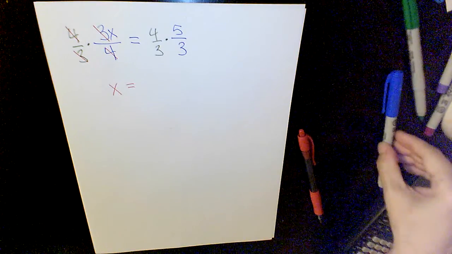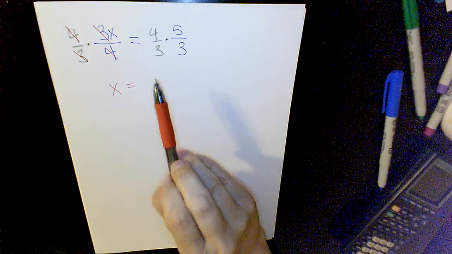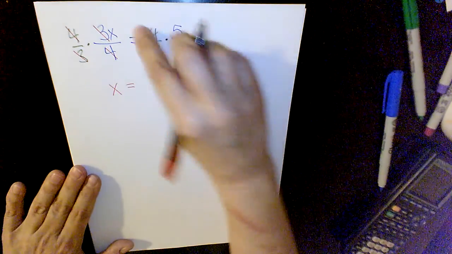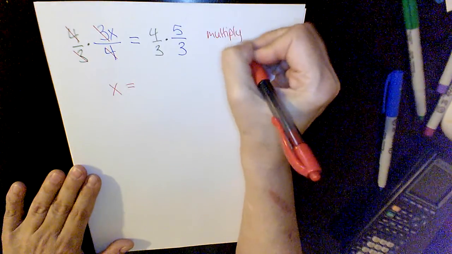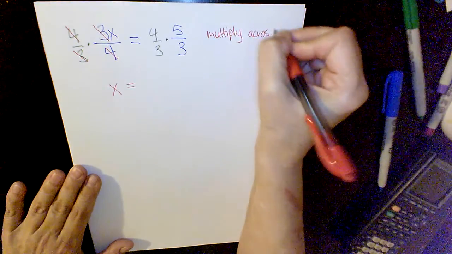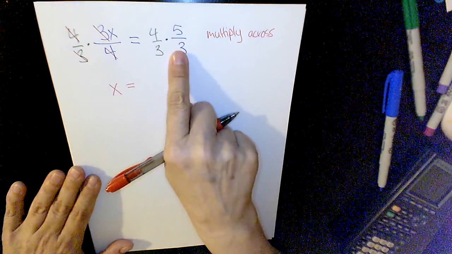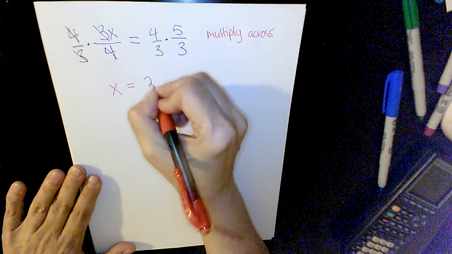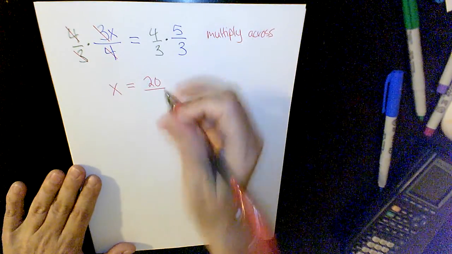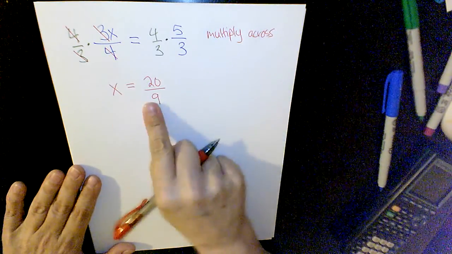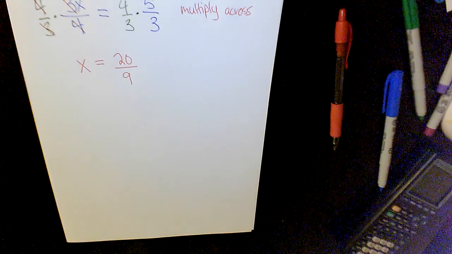So do we remember when we multiply fractions, if I have nothing that can cancel out, I'm just going to multiply straight across. Let me write that up here. So I'm just going to multiply across. So 4 times 5 on the top is 20, and 3 times 3 along the bottom is 9. So x equals 20/9. So 20/9 is my solution.